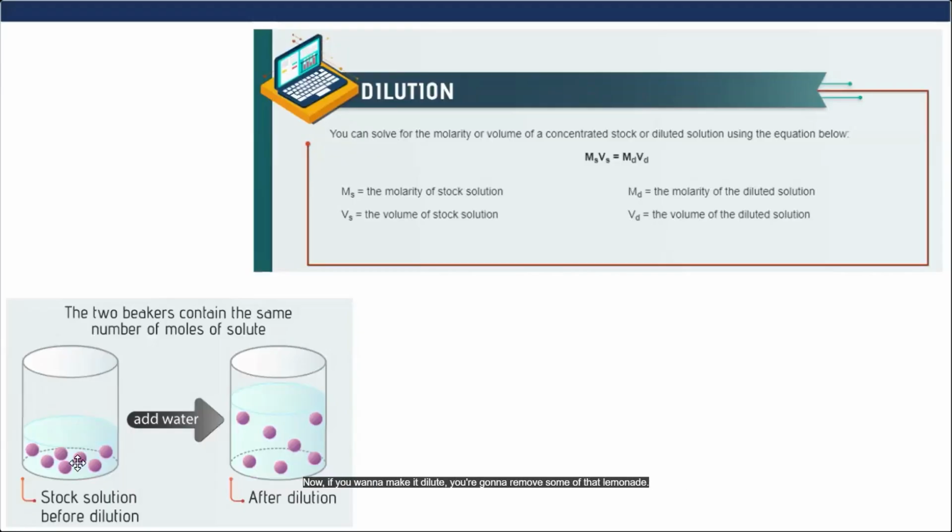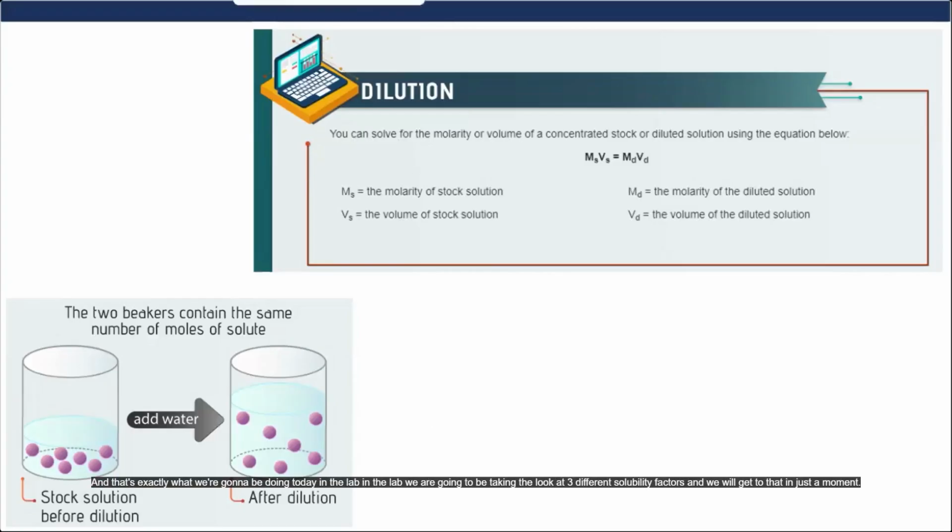Now, if you want to make it dilute, you're going to remove some of that lemonade. You're going to put it into another beaker. All right, so it has the same number of moles. But then we're going to add more water to it. We're going to, quote unquote, water it down. That's dilution, watering it down.